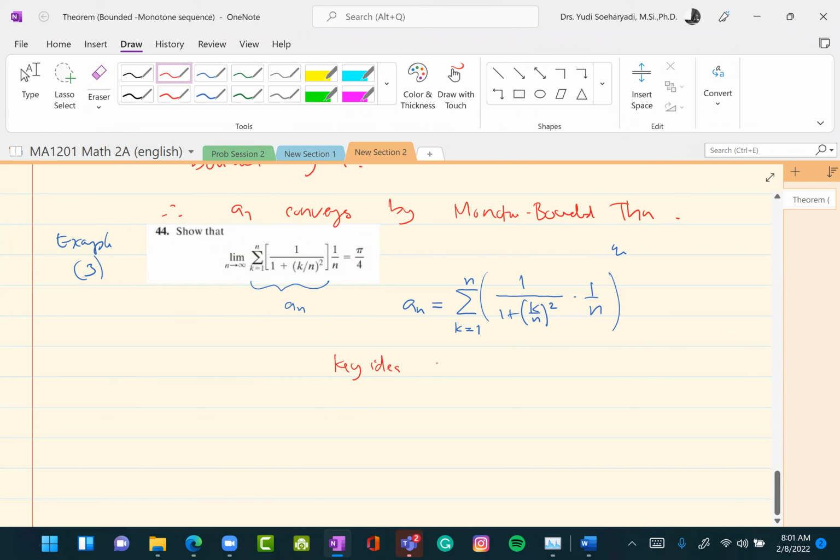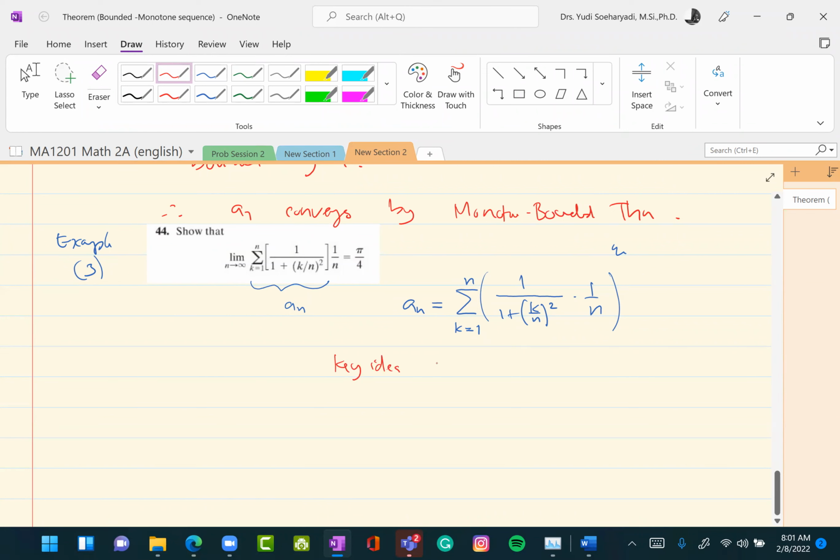So then this looks like the x_k. You can say the whole 1 plus (k over n) squared is the x_k expression, or you just say that's 1 over 1 plus x_k squared. So x_k here is just k over n.